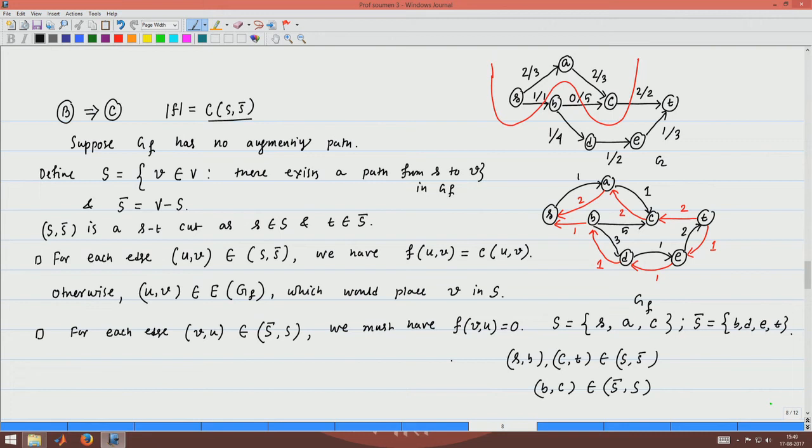Let me explain in this example why this should always be 0. If it is not 0, suppose it is 1 and the capacity is 5, then the forward edge capacity will be 4 and there will be a backward edge of capacity 1 from C to B. That means B will be in S, so B will not be in S complement.